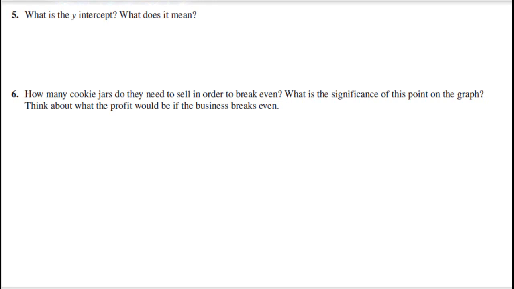Question 6, how many cookie jars do they need to sell in order to break even? Break even means, if I had written the equation in terms of P and C for cookie jars, I would actually say P equals 0. So I can plug in 0 for y.